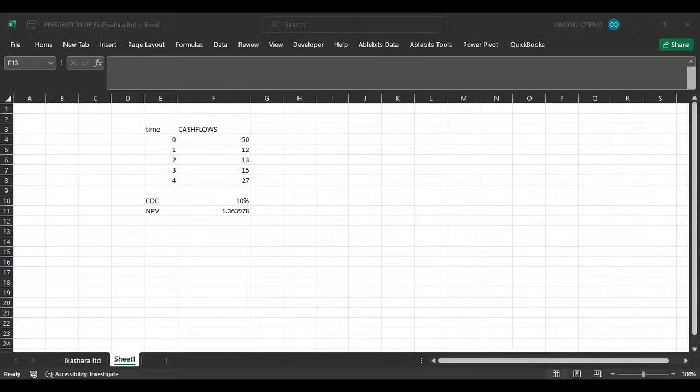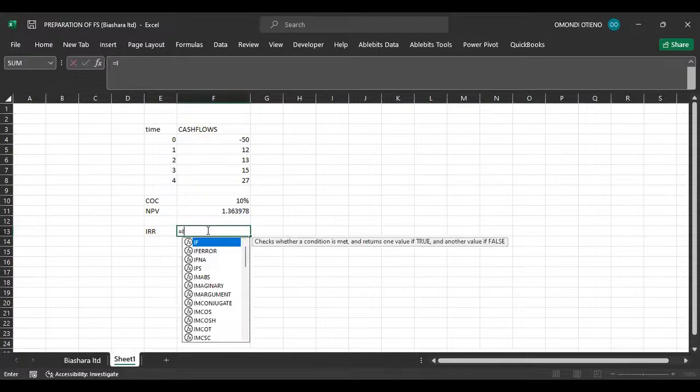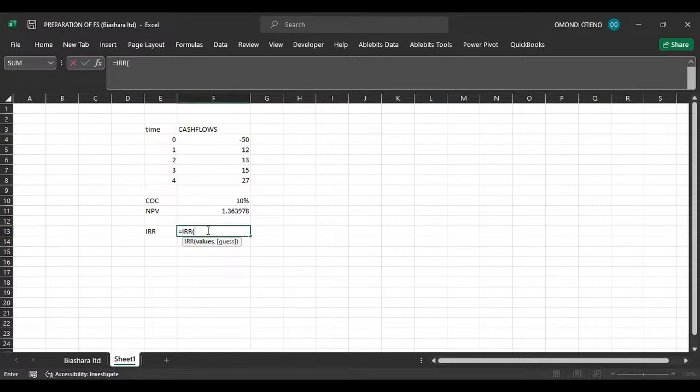And now the next one, I'll not be using the man from Lodwar. Anybody should be free. Just write IRR, internal rate of return. And then go to the other cell. You say equals IRR.